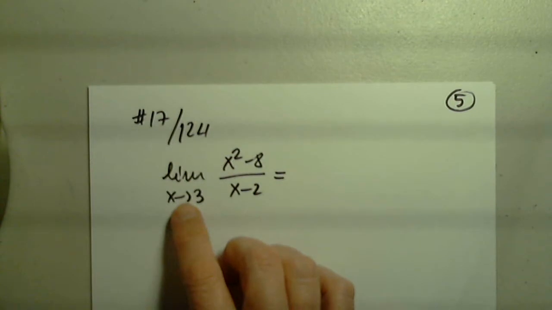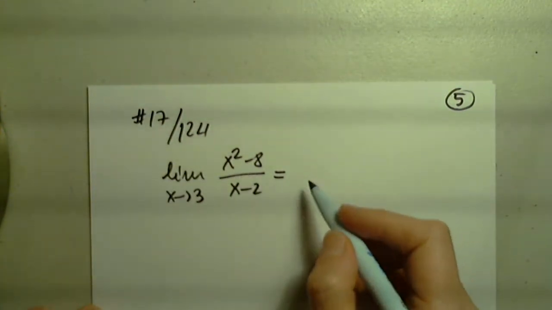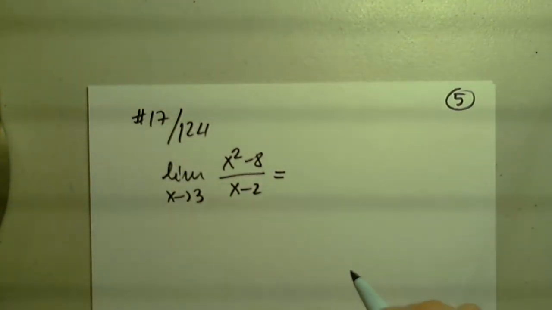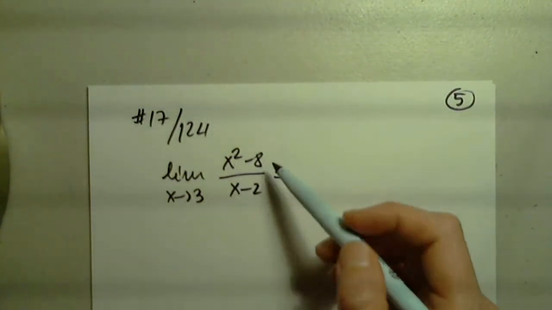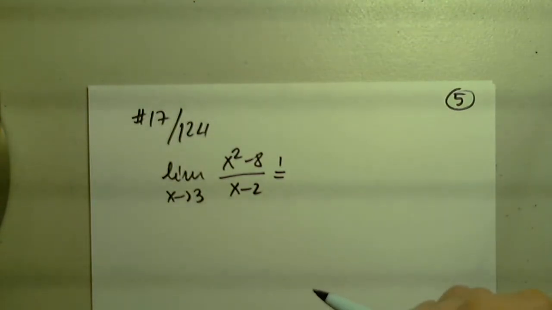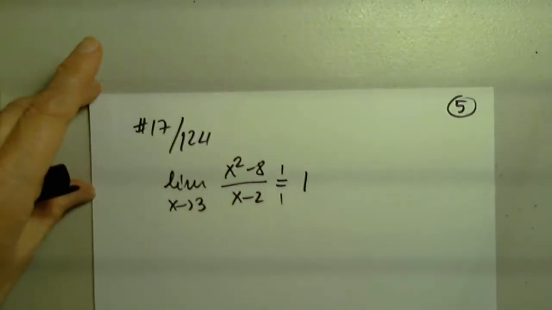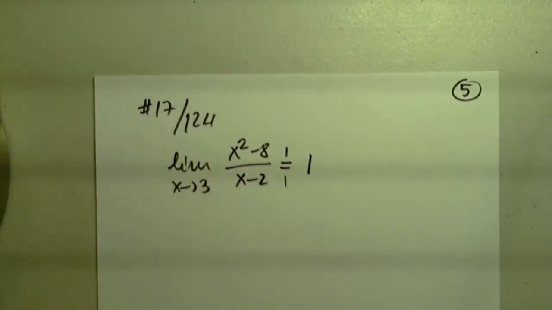Even if I know that x is not 3, I need to plug it in to see the type of limit. So when I plug it in the numerator, what do I get? 1, because it's 9 minus 8, which is 1. When I plug it in the denominator, what do I get? 1. So I don't have any headache. It's just 1. And that is the final answer. There is no need to do anything here.